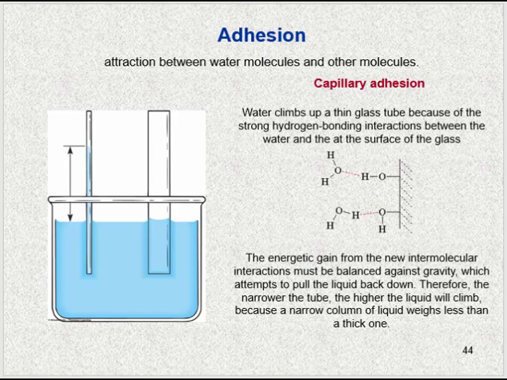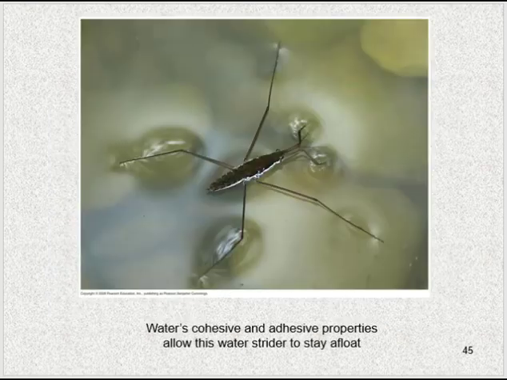These forces pull water up the column. This pull results from the tendency of water molecules evaporating on the plant's surface to stay connected to the water molecules below them. And so they are pulling them along. Water's cohesive and adhesive properties are what allow this water strider to stay afloat.